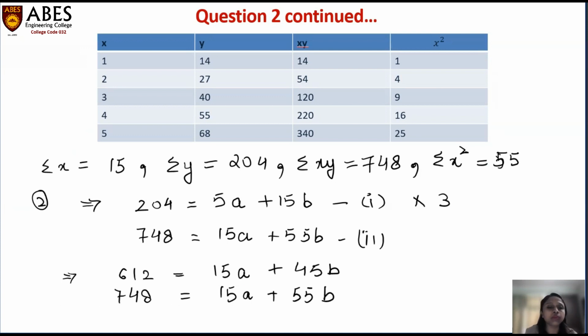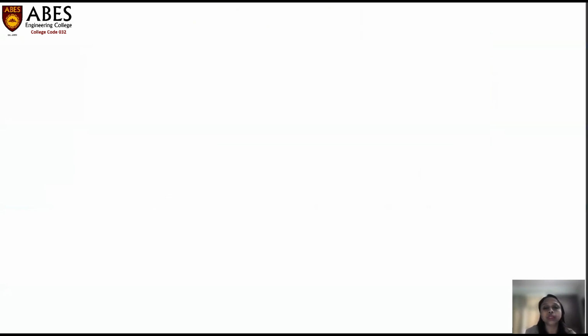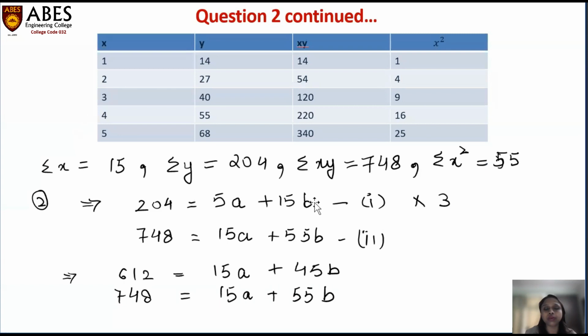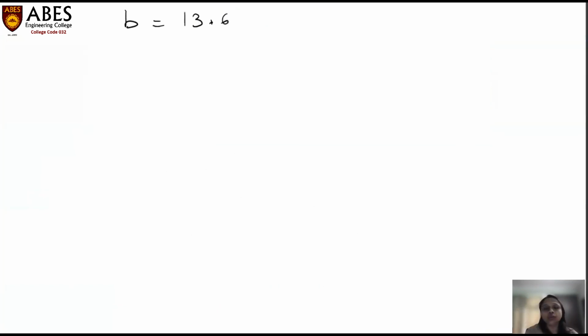Now on subtracting them, we will get the value of b as 13.6. Now substituting the value of b in either equation number 1 or 2, we get the value of a. So if I substitute the value of b in equation number 1, that is 204 equal to 5a.